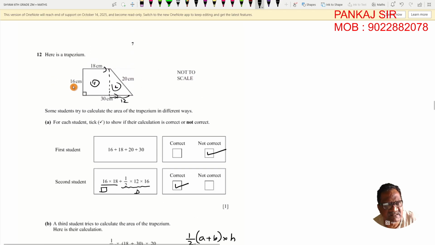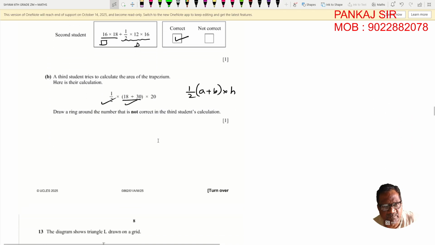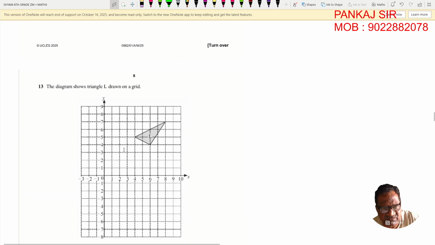Can you see? The height is 16. So he has taken this as the height, which is incorrect. So I'll have to put a circle on this particular 20, because this is incorrect. It should have been 16 instead of 20. Right, that was question number 12.